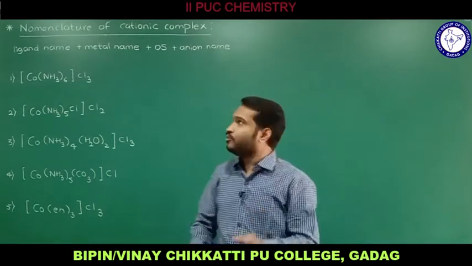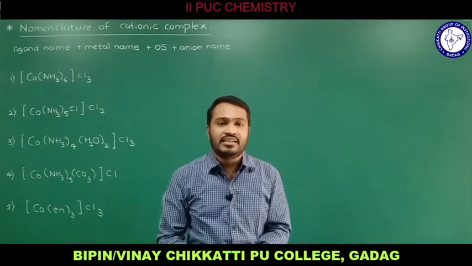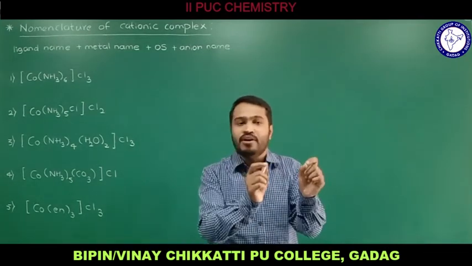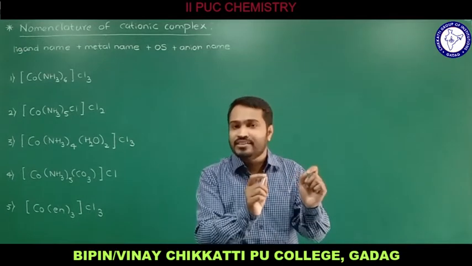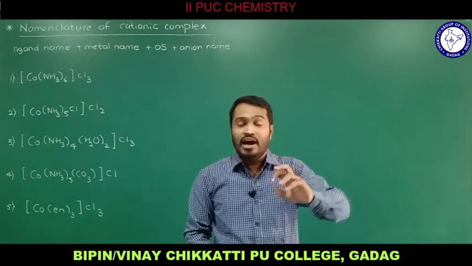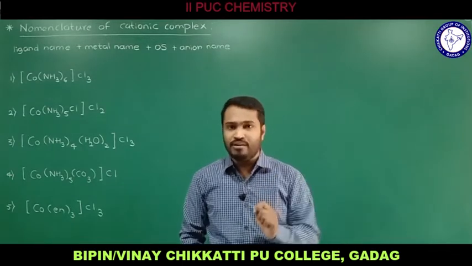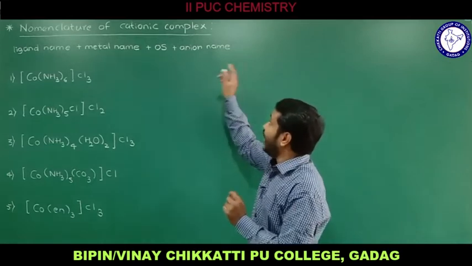You need to follow the rule, and we write the oxidation state. Remember, the oxidation state has to be written in a Roman numeral within brackets or parentheses after the name of the metal. And next we need to write the anion name.